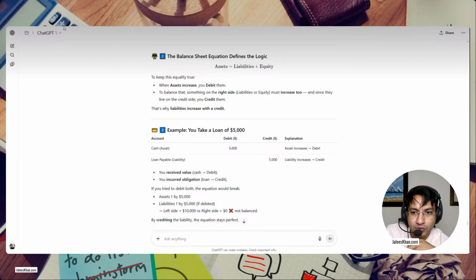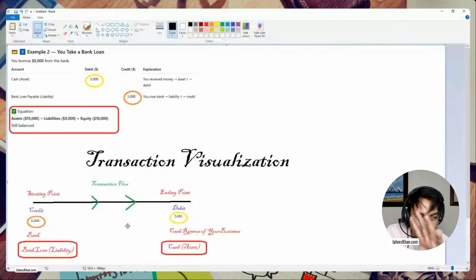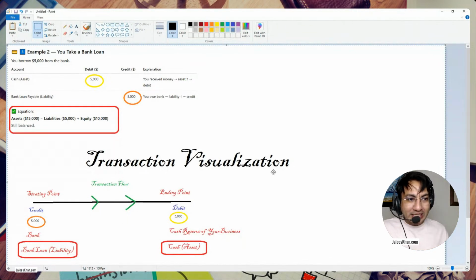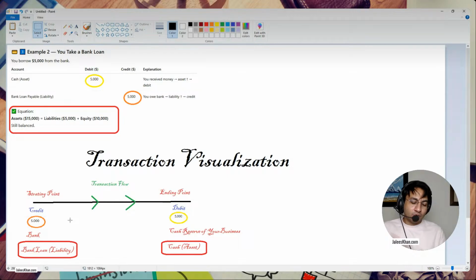Let me show you this understanding here. I'm going to show you a screen, and I'm going to draw something for you. That's the transaction visualization we did regarding where we have to put the credit and debit. But now the confusion here is this table.